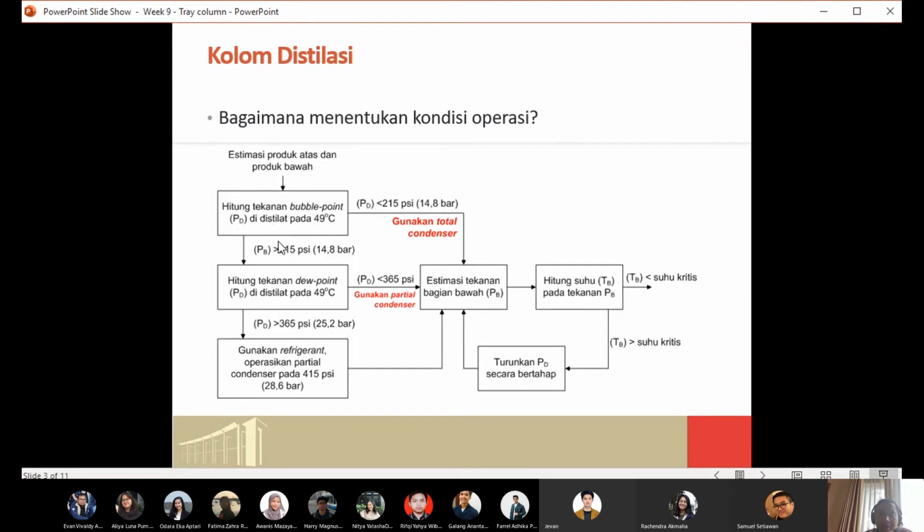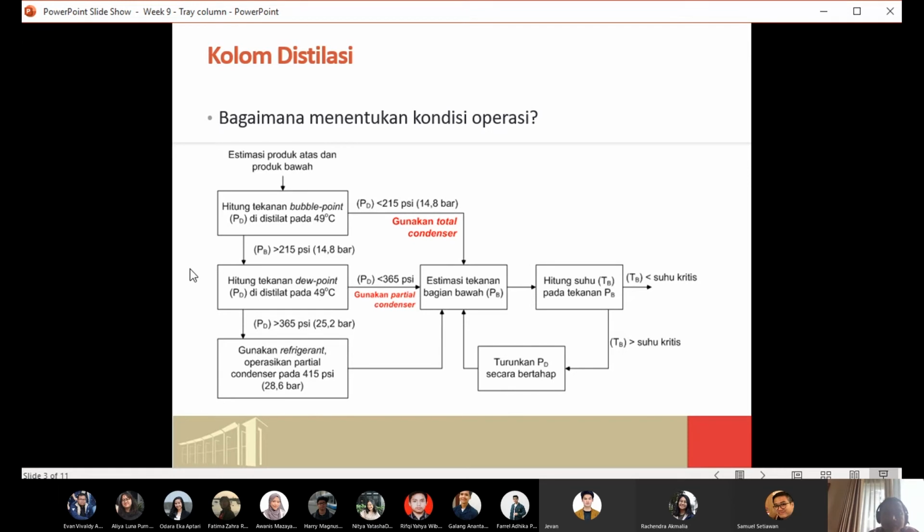For example, if the pressure is below 14.8, it means you can use that kind of operation. You can select that kind of pressure.